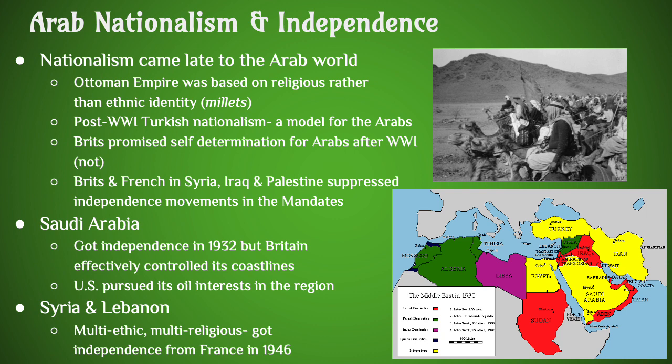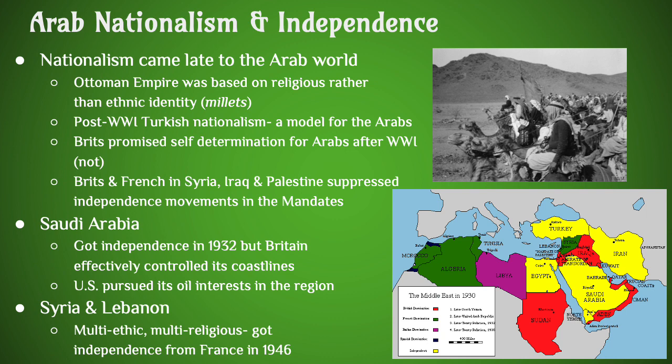Saudi Arabia got its independence in 1932, but Britain maintained effective control over its coastline. So the Saudis had full control over the endless miles of desert in the middle of the Arabian Peninsula, but not so much over the ability for them to engage in independent trade.